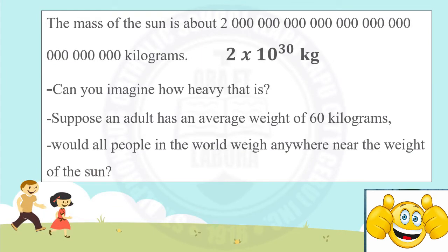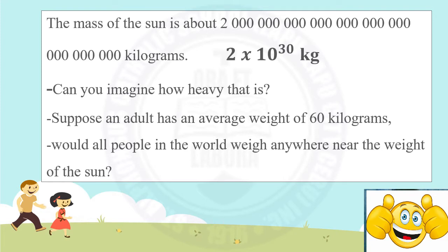Did you know that the mass of the sun is about 2 million billion trillion? That's the use of scientific notation. Maybe no or maybe yes, you cannot read that number because it is a very large number. But with the use of scientific notation, we can make it into a smaller number.